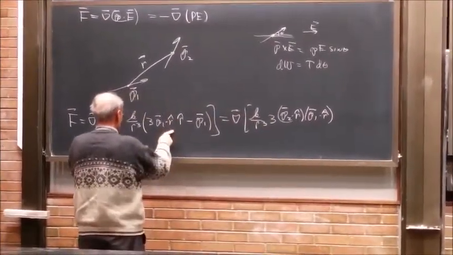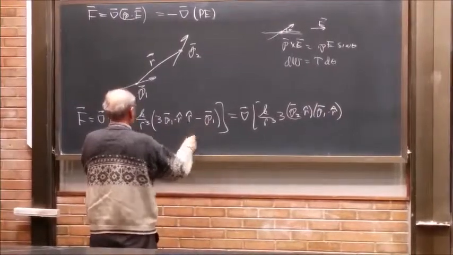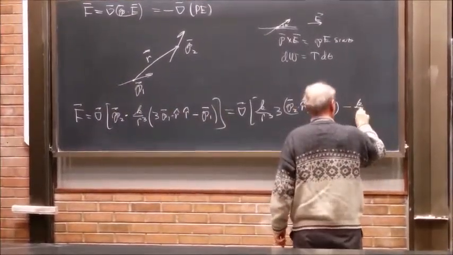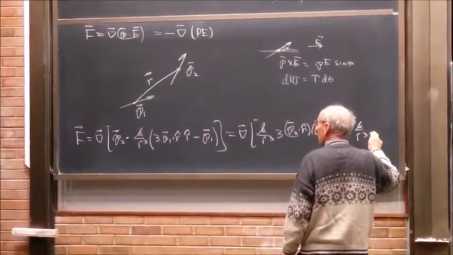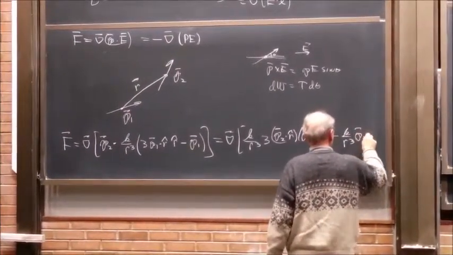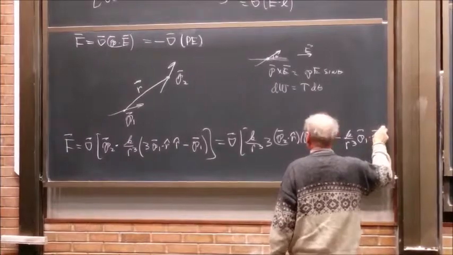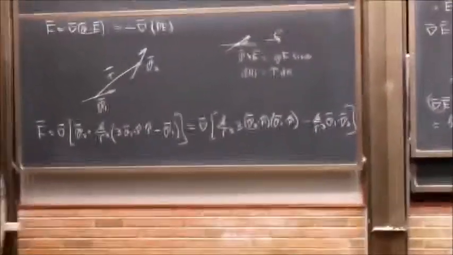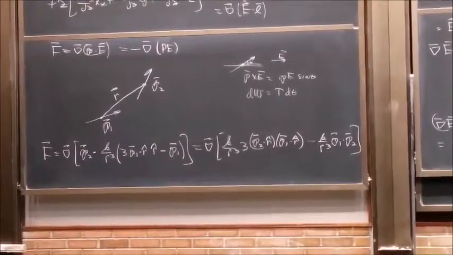That's this term. And then we have minus K over R cubed P1 dot P2. So now what we've got to do is take the gradient of that.